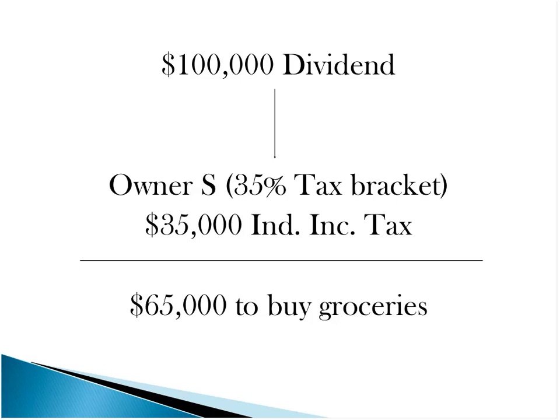The way tax brackets work, the first income you earn is taxed at 0 because you've got to exceed your itemized deductions and your personal exemptions before you pay any income tax. And then you have an amount that's taxed at 10%, some that's taxed at 15%, going on up. But that would just make these examples too convoluted and too difficult to understand. So that's why I'm assuming a 35% tax bracket.